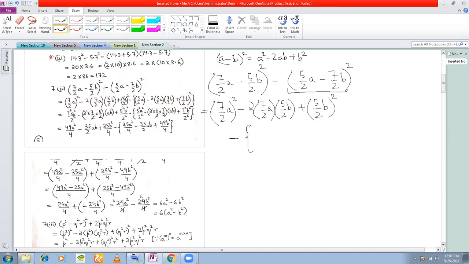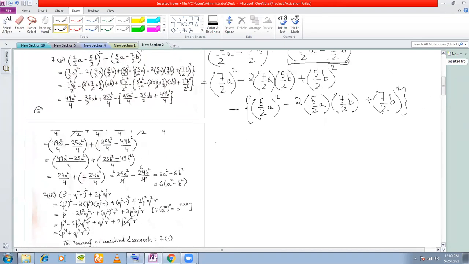Now the second one we also expand by the (a − b)² formula. We have a² − 2ab + b², where b is 7 by 2b. Now we simplify.